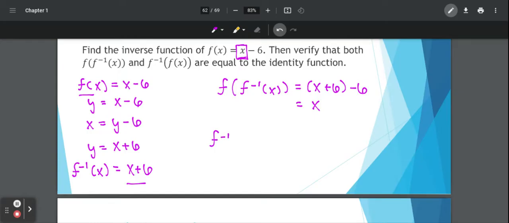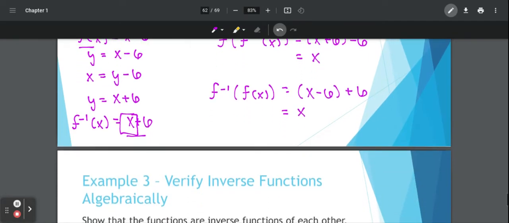And then if you do the inverse of f of x, we do that same thing, but this time we're plugging the x minus 6, the f function, into the x of the inverse. So we would have x minus 6 plus 6, which simplifies to be x. So because both of those composites simplified to be x, we can say that the functions are inverses of each other.